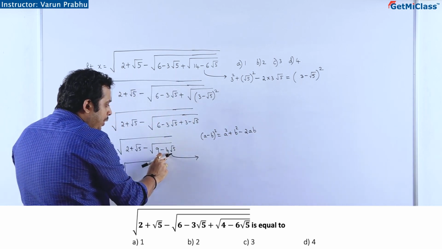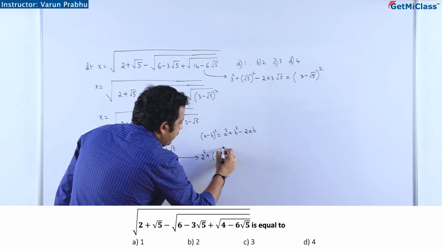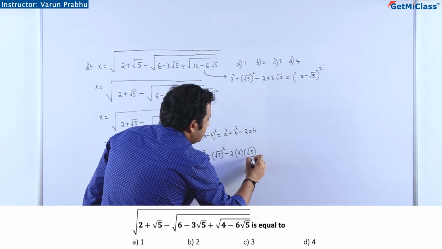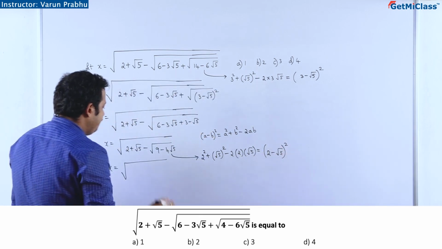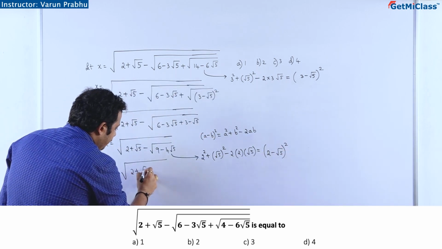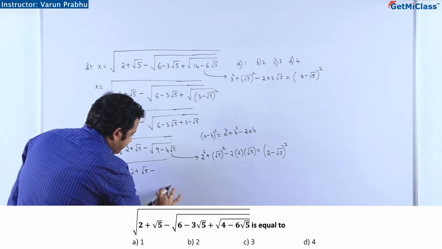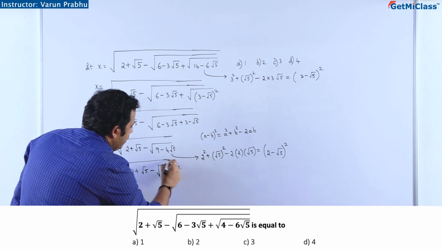So it should be 2 into root 5. So I can write 2 square plus root 5 the whole square minus 2 into root 5, which is nothing but 2 minus root 5 the whole square, right? So 2 plus root 5 minus the square root of 2 minus root 5 the whole square.